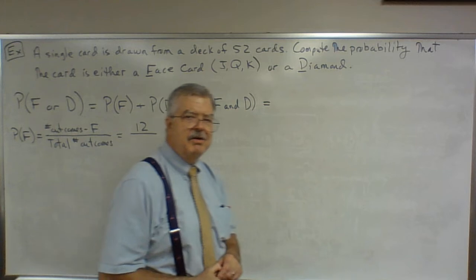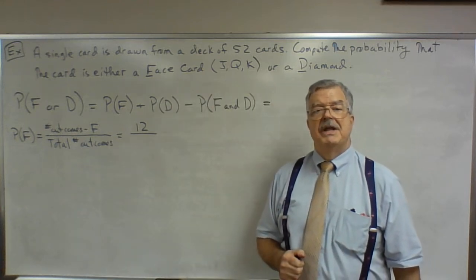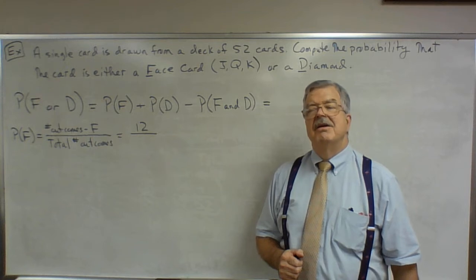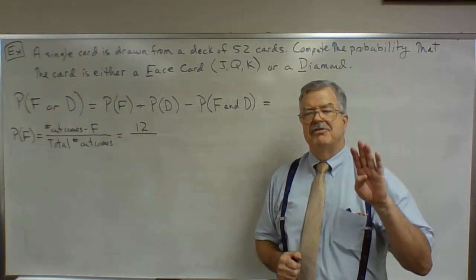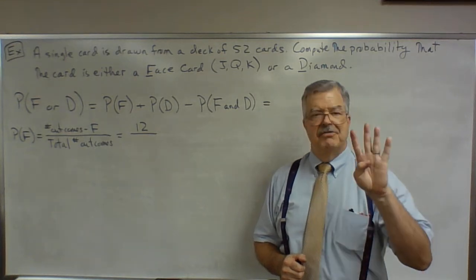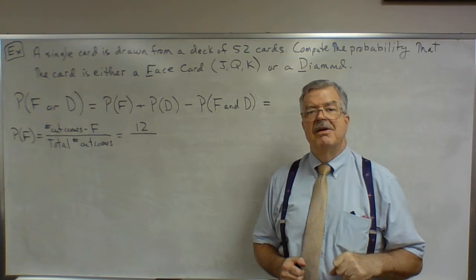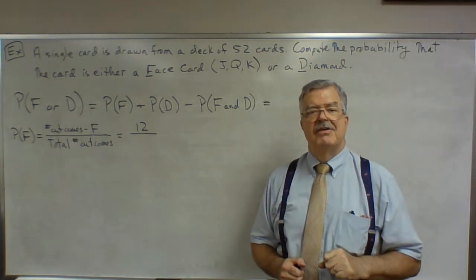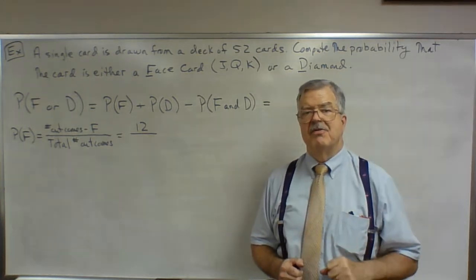Another way that we can look at it, we can get Jack of clubs, Jack of diamonds, Jack of hearts, Jack of spades, that's 4. We can get Queen of clubs, Queen of diamonds, Queen of hearts, Queen of spades, that's another 4.